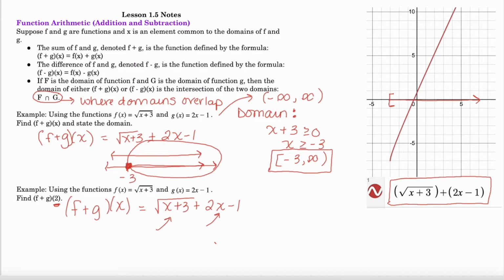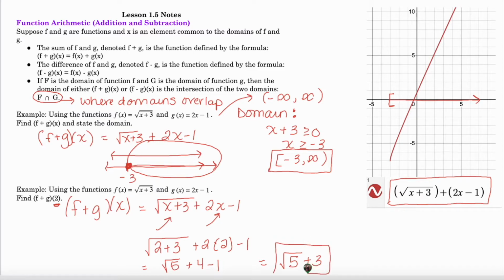So I'll have the square root of 2 plus 3 plus 2 times 2 minus 1, or the square root of 5 plus 4 minus 1, which reduces to the square root of 5 plus 3. And this is its exact form. Be careful with my open math if it needs the exact form or a decimal, whatever it's asking us to do.